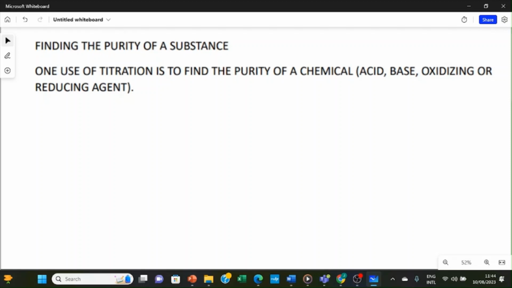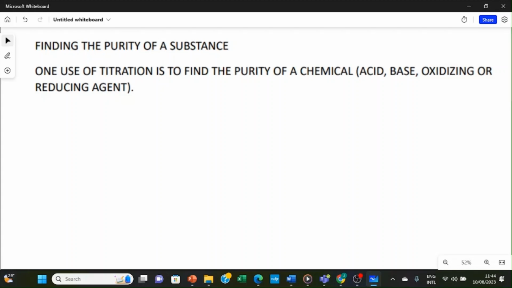It's a continuation of our previous lecture on solutions and concentration, which involved acid-base titration and titration in general. Now we're looking at finding the purity of a substance. There are situations whereby in acid-base titration, the acid or the base, or maybe in redox titration, the reducing agent or the oxidizing agent might contain certain amounts of impurities.